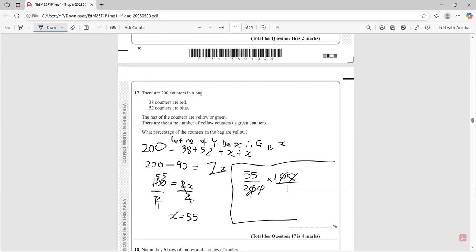You're left with 55 divided by 2. So 2 in 5 is 2, remainder 1. In 15, 2 in 15 is 7 because 2 times 7 is 14. And that's 27 and a half.